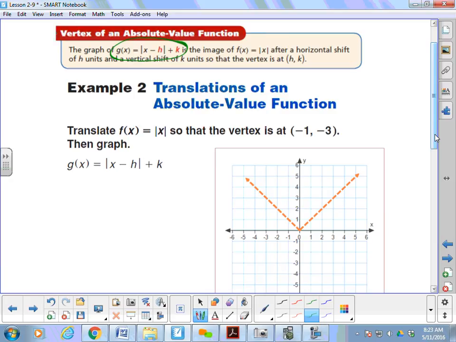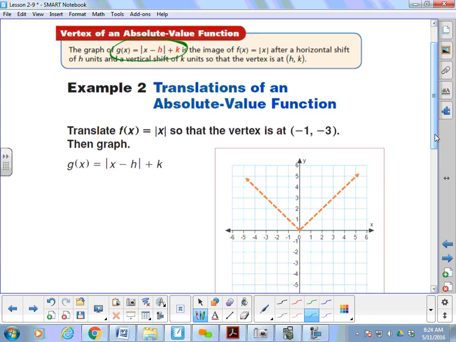So it says we want to translate the absolute value of x so that the vertex is at the point -1, -3. Currently, it's at the origin 0, 0. So what does that mean we're going to do to the graph? If I'm going to move the vertex to -1, -3, what am I doing to the graph?